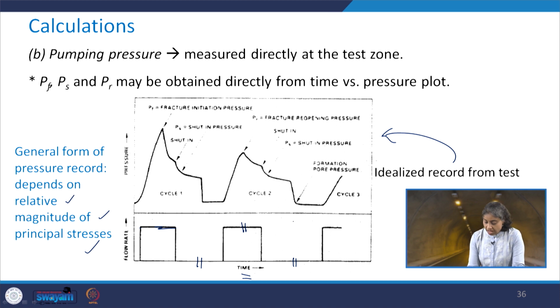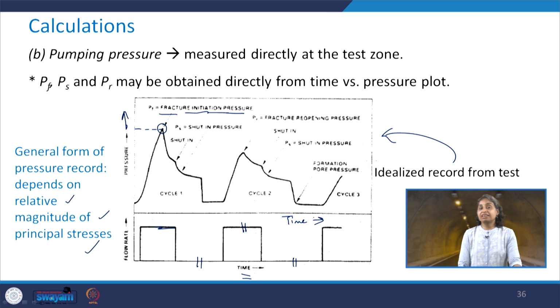Again on this scale we have time, and this is the pressure. You see first the pressure is applied, and then you have the first peak where fracture initiation starts. This pressure is called the fracture initiation pressure, and then there is a reduction.